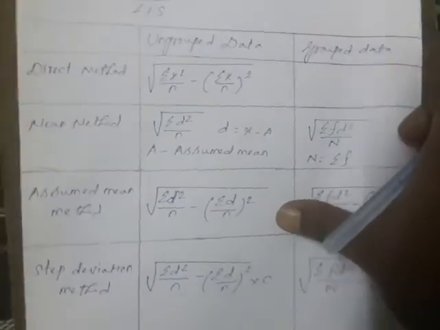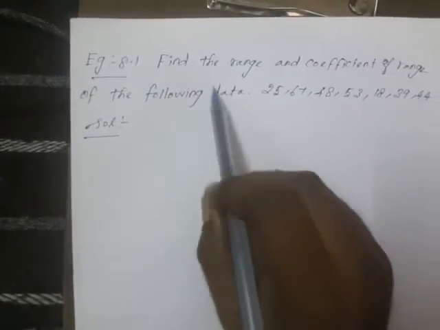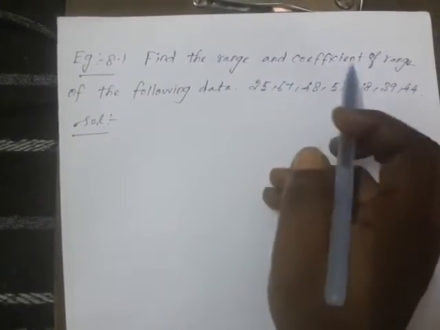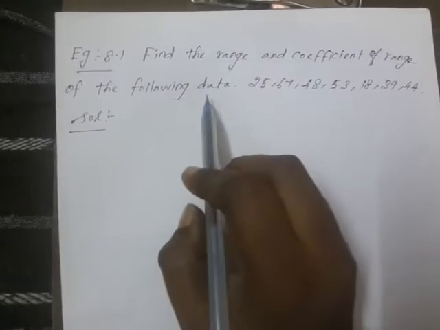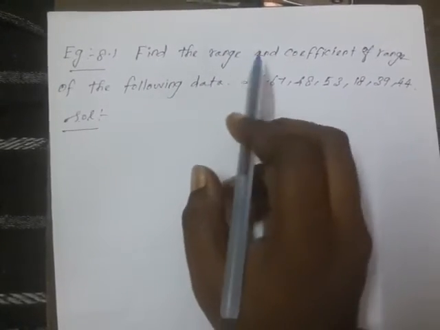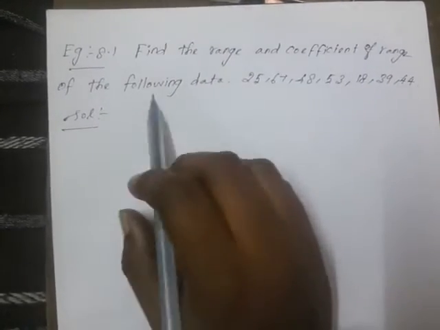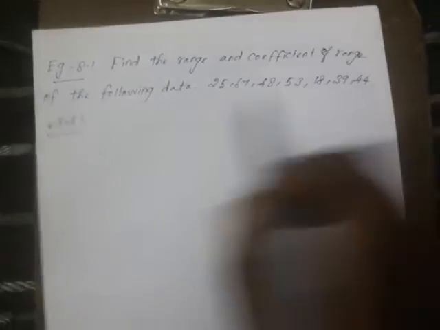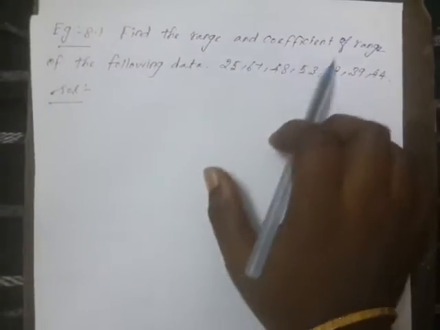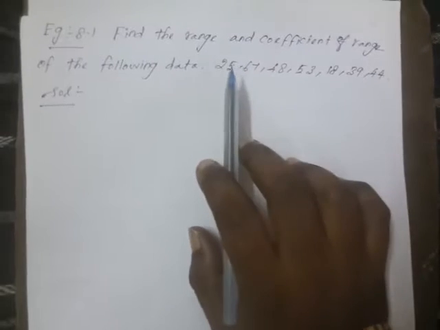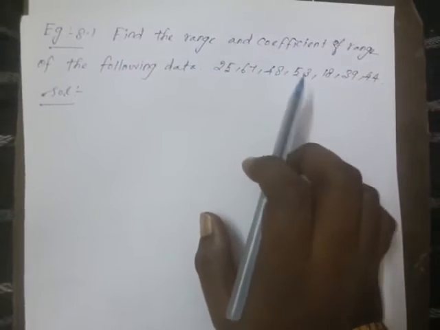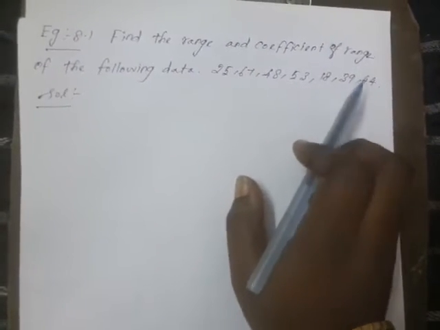Okay, so now we are going to see example 8.1. Find the range and coefficient of range of the following data: 25, 67, 48, 53, 18, 39, 44.